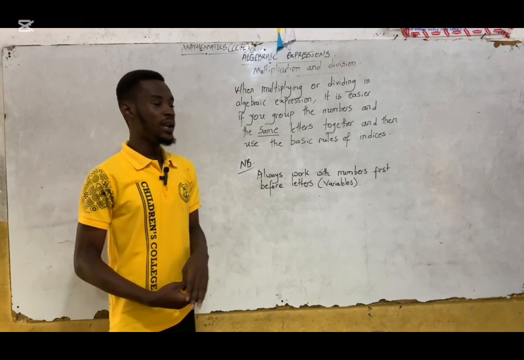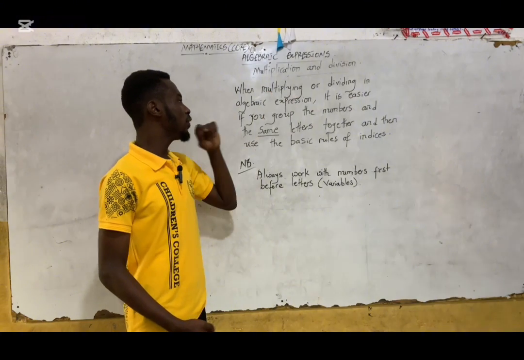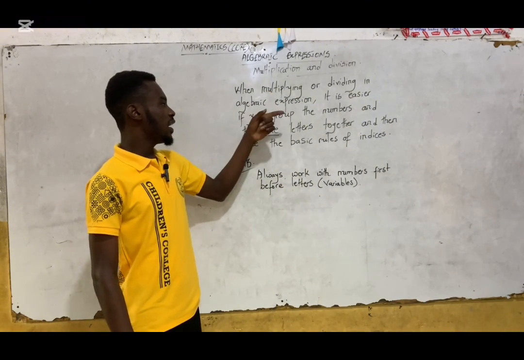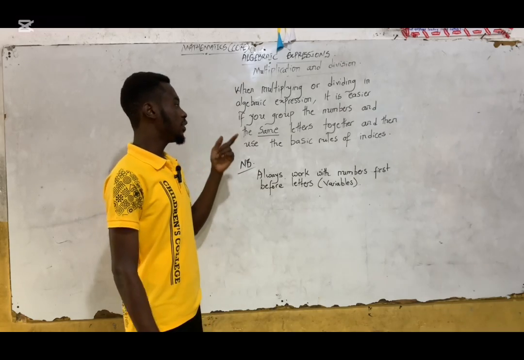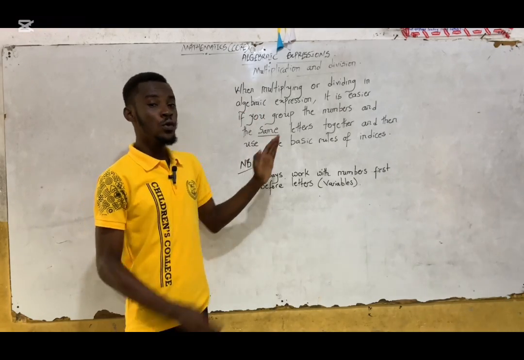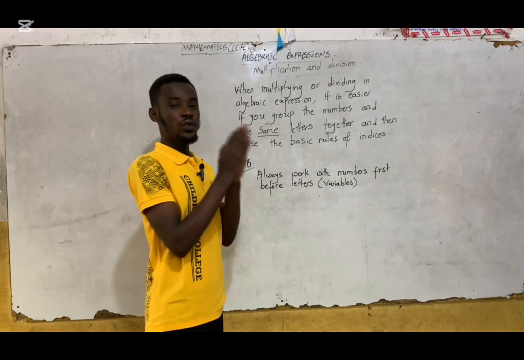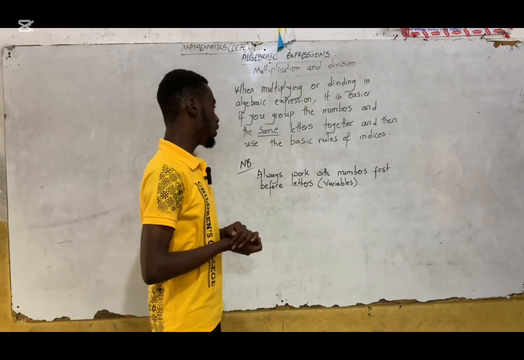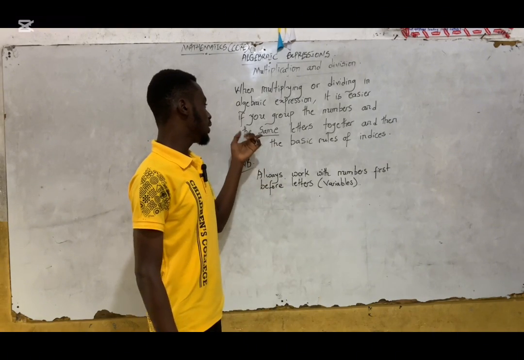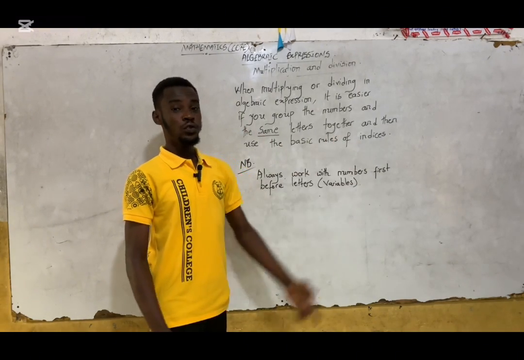Now, let's take it one at a time. It says, when multiplying or dividing in algebraic expressions, it is easier, so for you to get the answers using the easy part, you are supposed to group numbers to one side and also group letters to one side, or you treat them individually. Are you okay? Good. And then you apply the rules of indices.